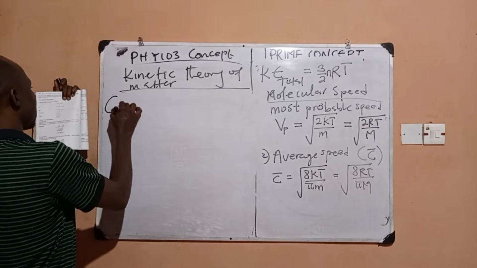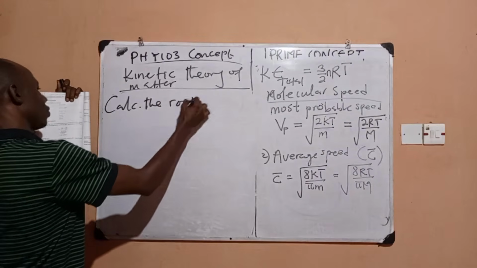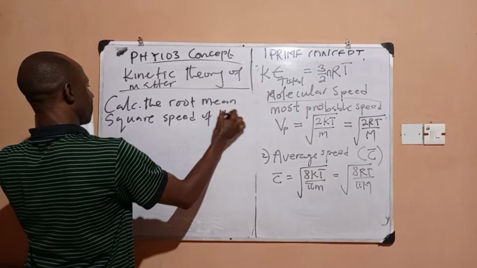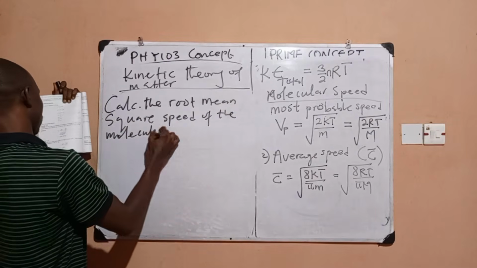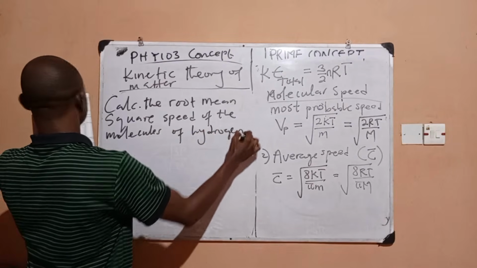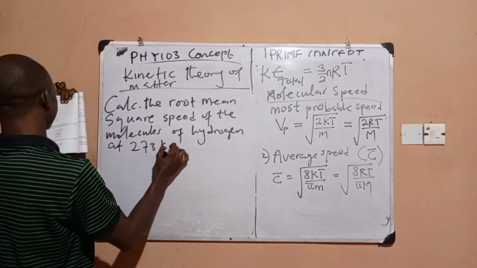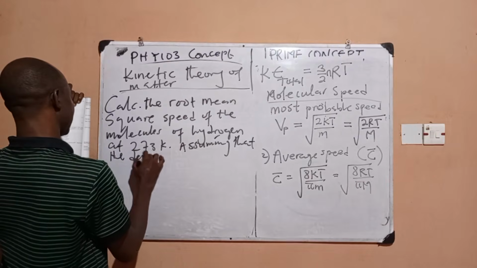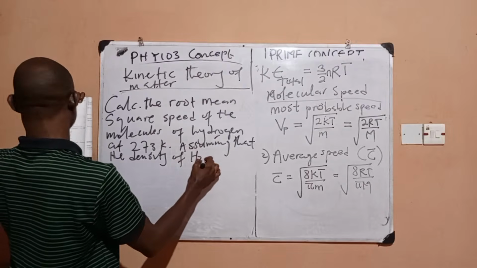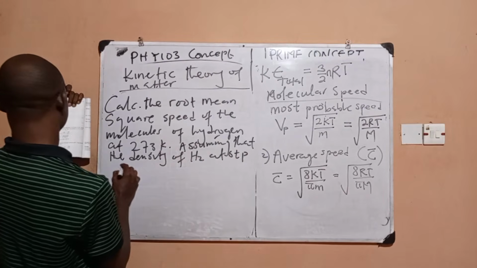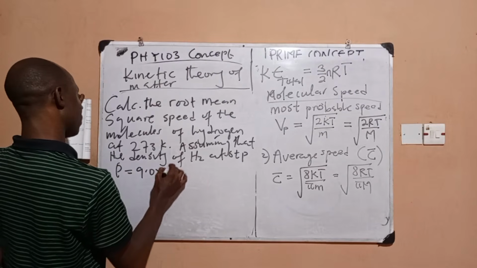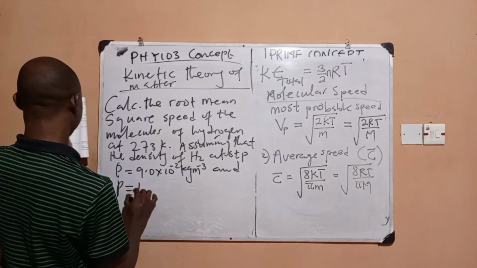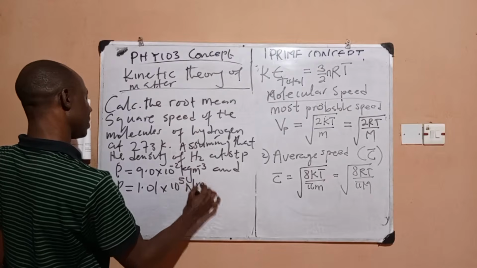Calculate the root mean square speed of the molecules of hydrogen at 273 Kelvin, assuming that the density of hydrogen at STP is rho equals 9.0 times 10 to the power minus 2 kilogram per meter cube, and pressure P is 1.01 times 10 to the power 5 Newton per meter square.